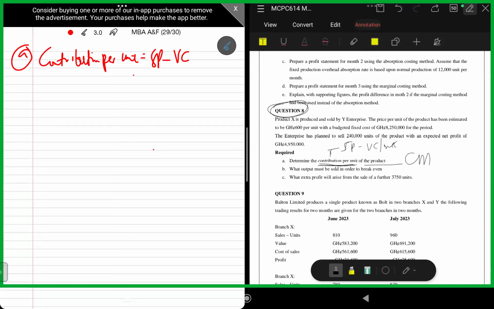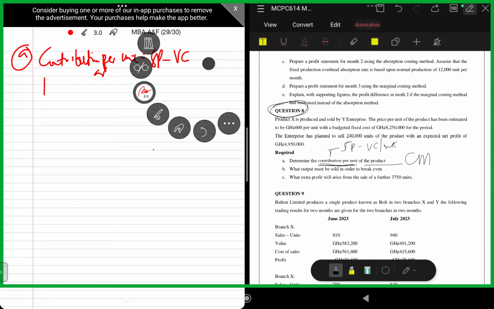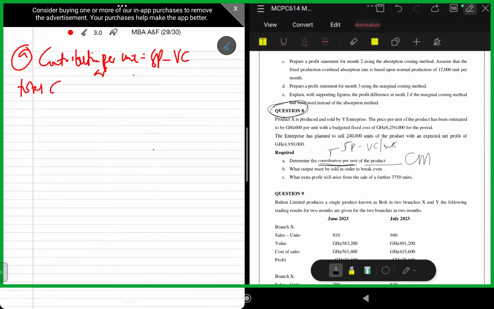I can still find the total contribution, which equals sales, now using totals, minus the total variable cost. Then when I find the totals, I'll divide. After I find the total contribution, I'll divide it by the number of units to get the contribution per unit.